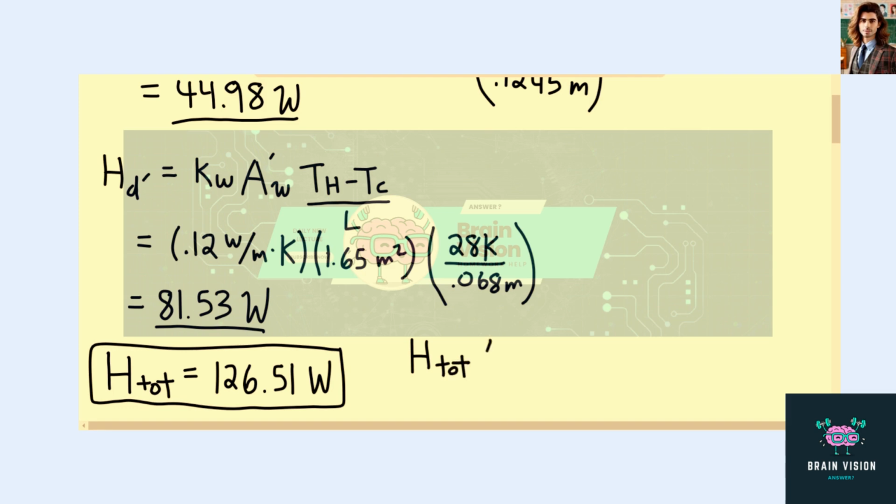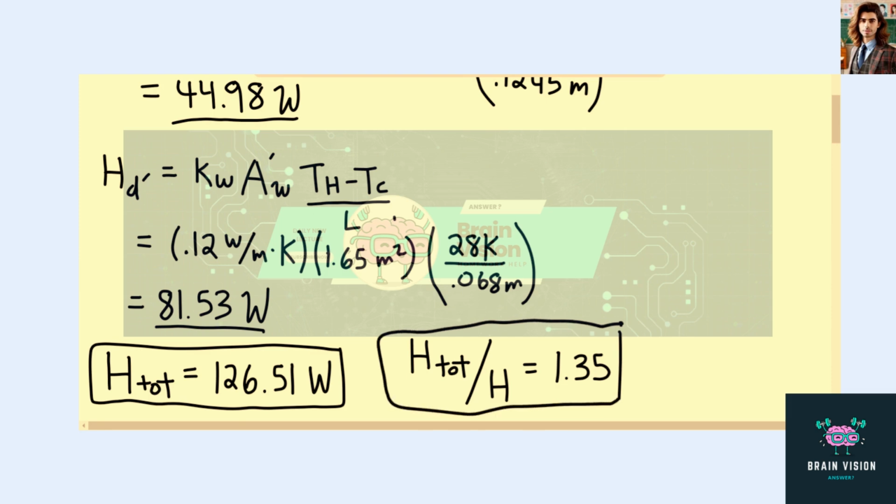So all we're doing is H total over that H from part A, which we just called H. So you do 126.51 divided by 93.9, and you will get 1.347 or 1.35. It's good enough, round off. 1.35 is our factor. And there you go.